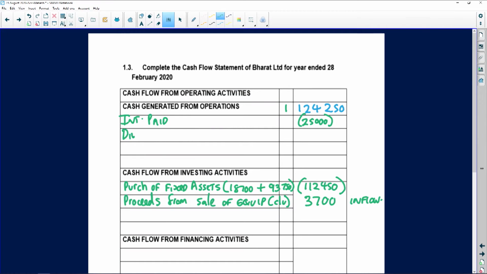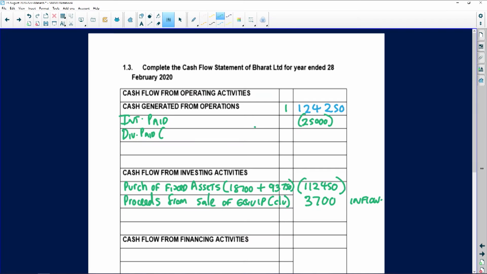Okay, right, then on the next line, dividends paid. Now remember guys, for dividends paid, you can either show the calculation somewhere on the page itself, maybe the bottom or the top of the page, or you can show your calculations in brackets. So I'm going to show my calculations on the side. I'm going to start off with the opening balance, in other words, the amount owing to my shareholders at the beginning of the financial year.